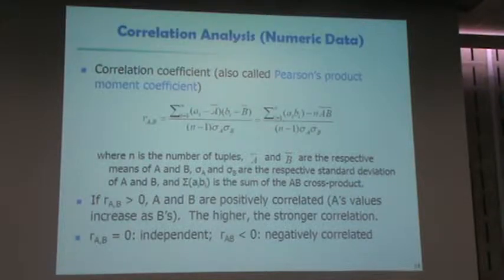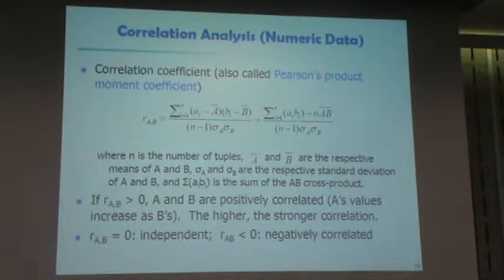Using this, the output is called the correlation coefficient for the A and B attributes, two attributes. From the data set, without testing, we can get this value and this value, and for each we take the cross product for all 1 to n.